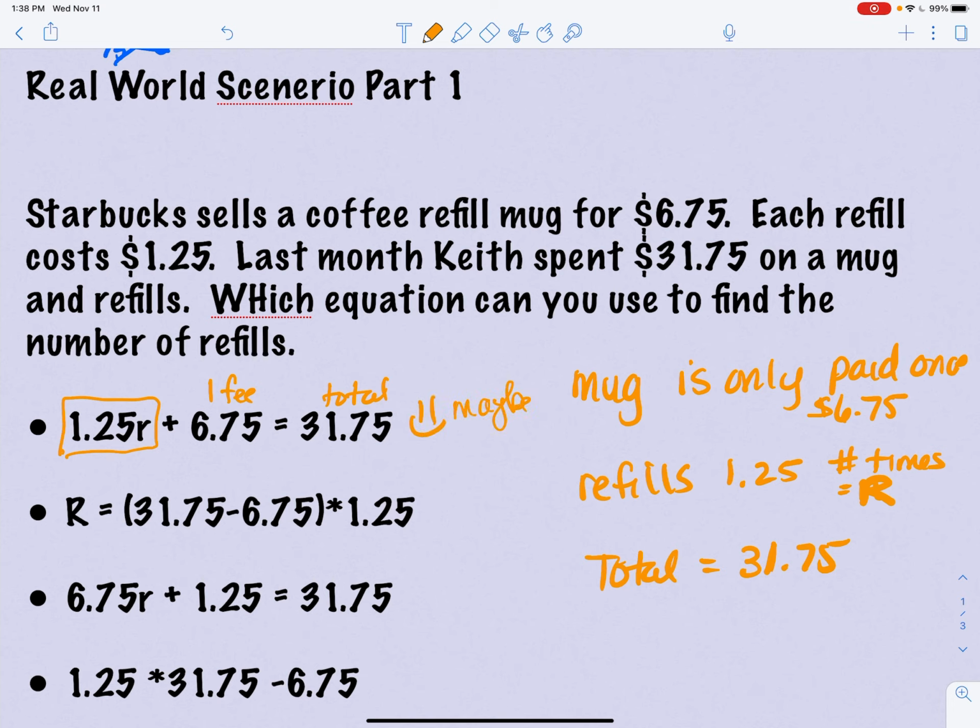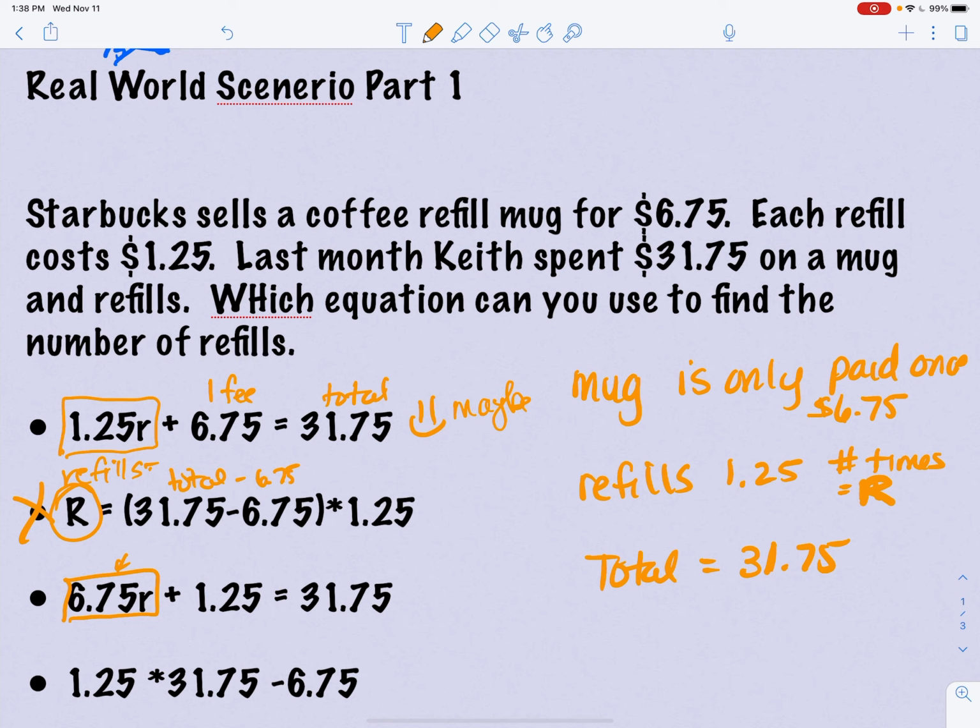But over here, it says the refills equals the total minus the $6.75 mug times 1.25. That doesn't make any sense. So we're going to go with no. But this one has $6.75 times the number of refills.